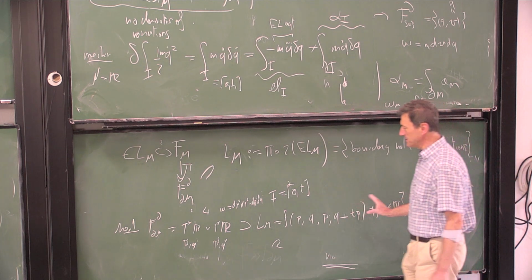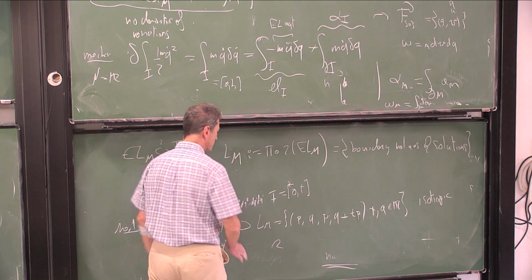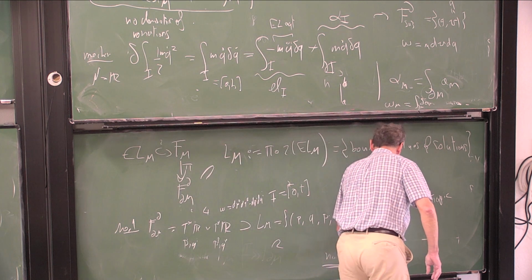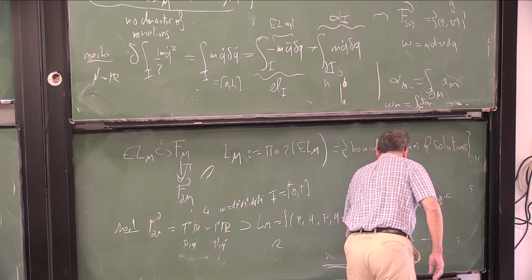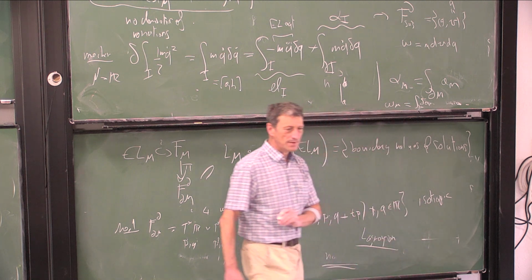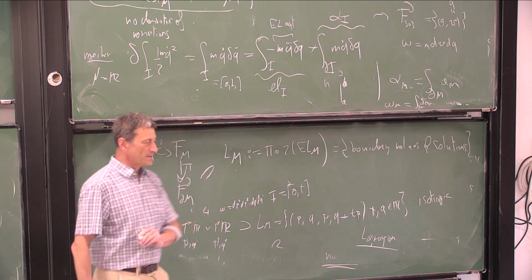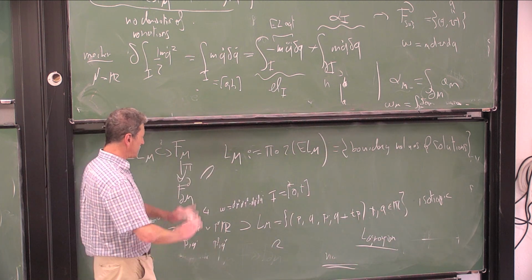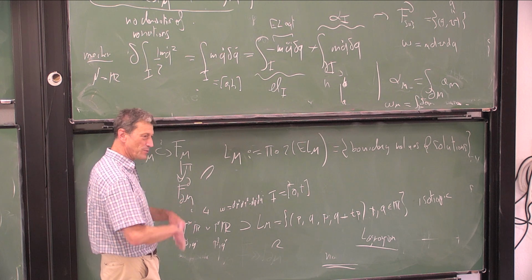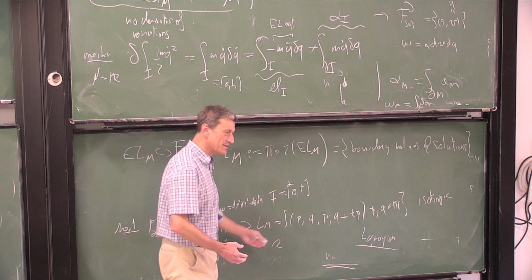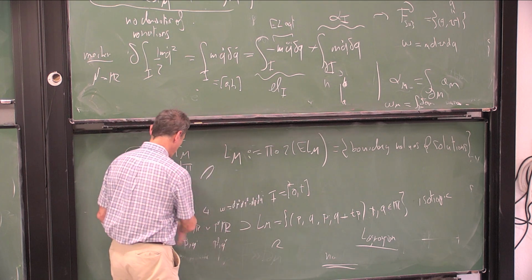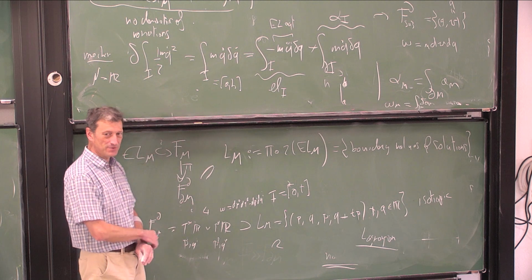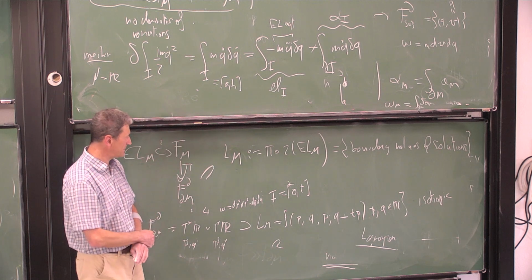This submanifold is isotropic of half dimension, so this is what is called a Lagrangian submanifold. I didn't impose boundary conditions, but what we naturally have is some Lagrangian submanifold of the symplectic space of boundary fields. This is what the bulk gives you.